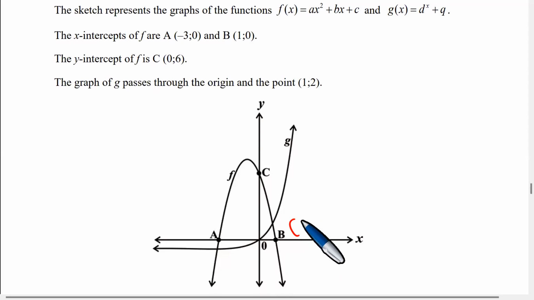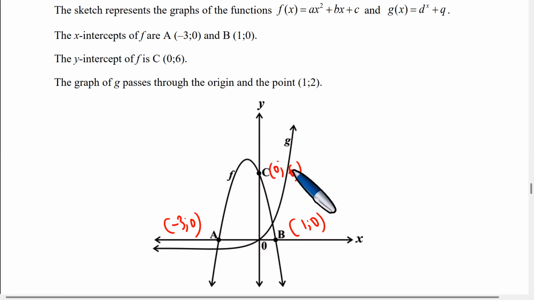They are 1 and 0. What are the coordinates here? They are -3 and 0. The y-intercept of f is 0, 6.